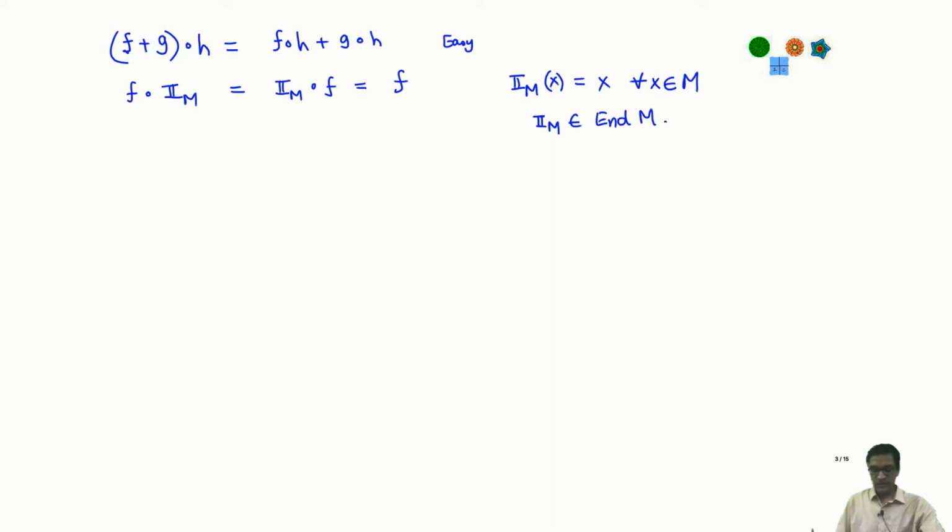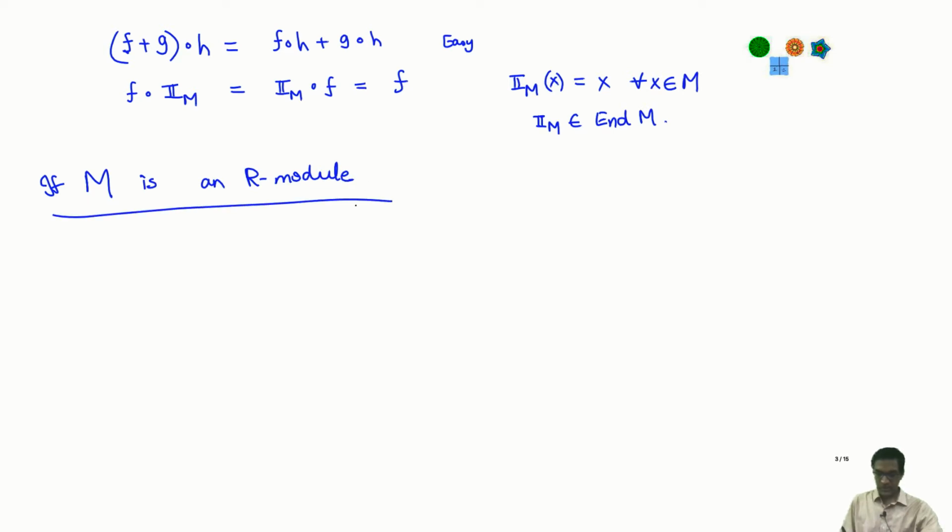So that completes the proof that the set of endomorphisms forms a ring under these two operations, the pointwise addition and the composition of maps. Now let's try to see what we can get out of this new structure. So suppose M is an R module, that's given.